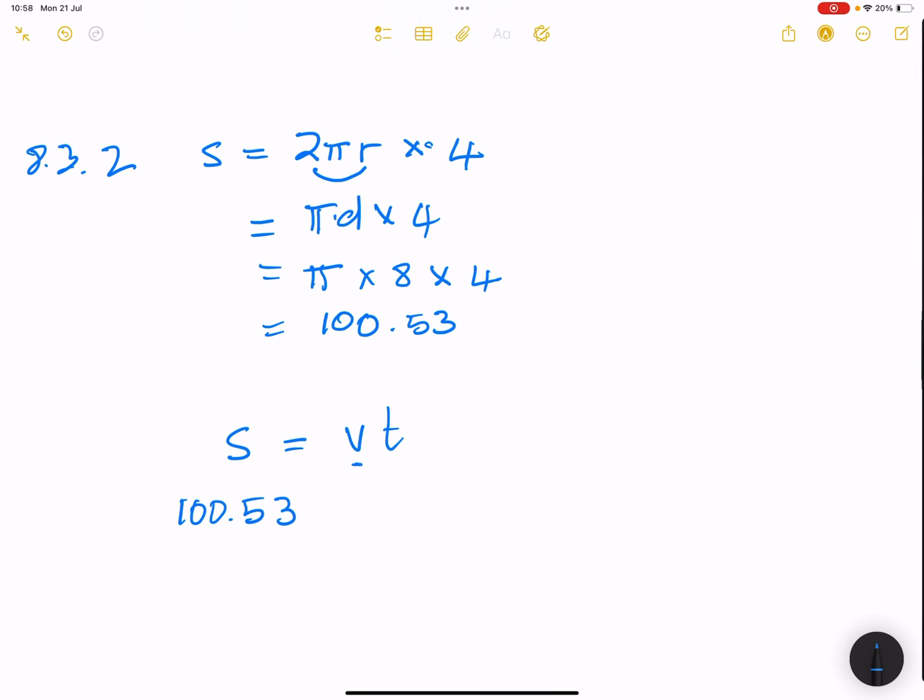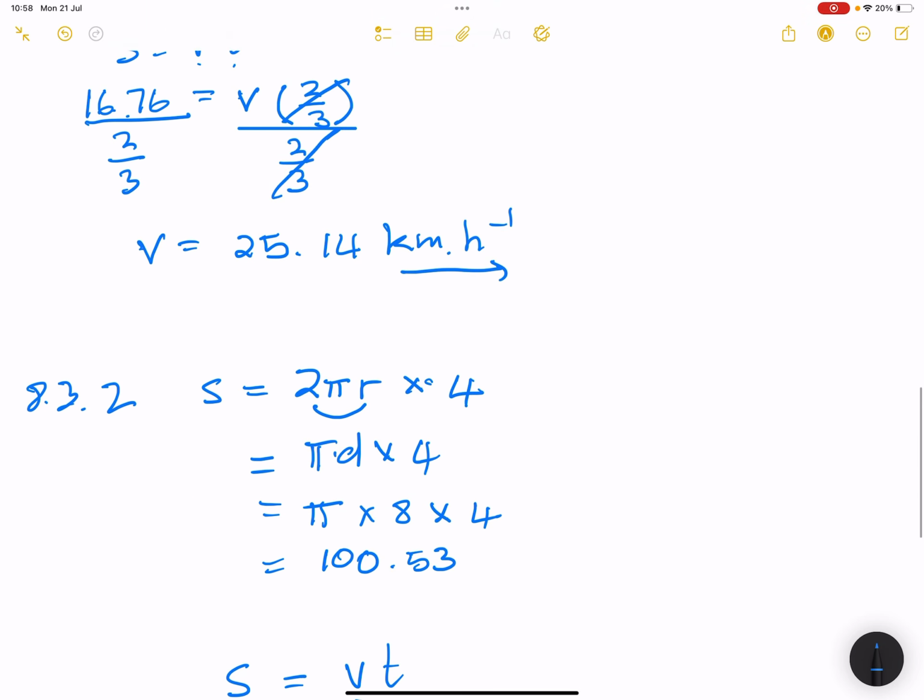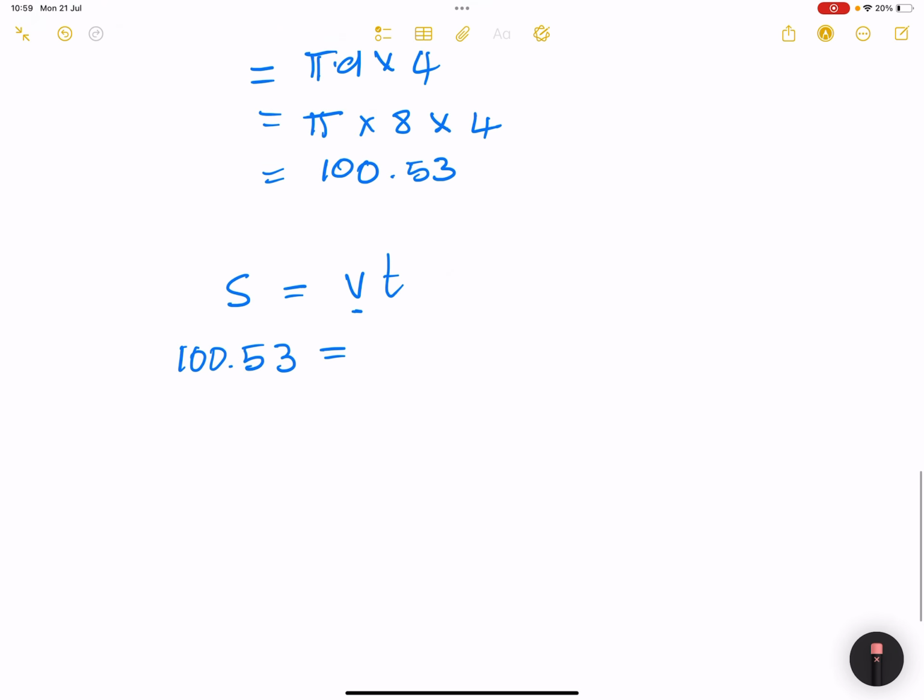Okay, so that's equal to our velocity, which is 25.14, multiplied by t. So divide that by 25.14 to find out what the time is.